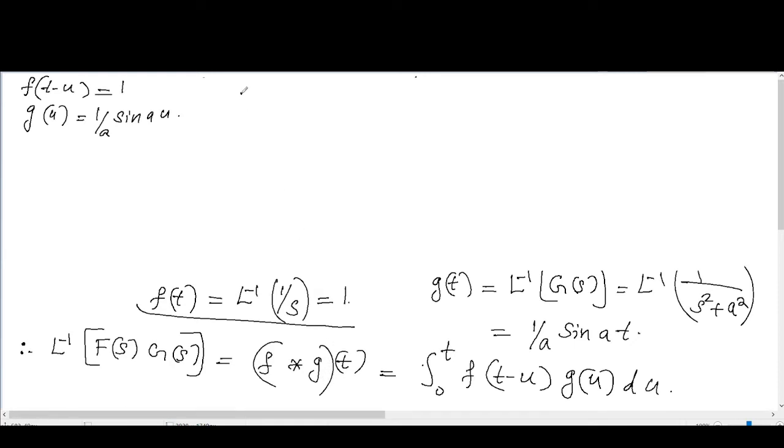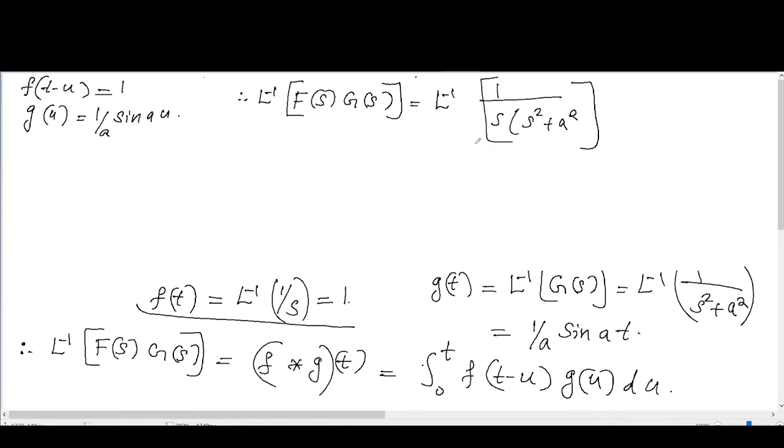So L inverse of f of s into g of s is equal to, actually our question is L inverse of 1 by s into s square plus a square. Now that is equal to integral from 0 to t, the value of f of t minus u is 1, and the value of g of u is 1 by a sin a u du.